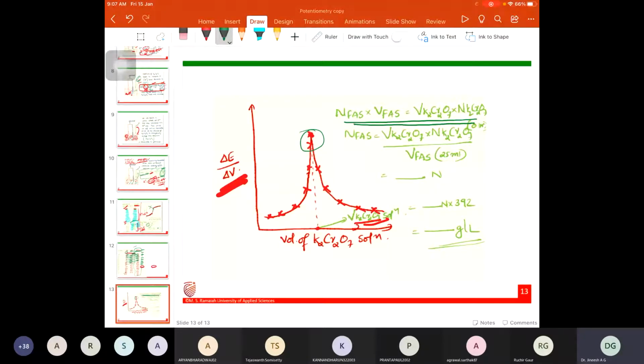Our job is to find the concentration of ferrous ammonium sulfate. Am I right? You can substitute in this equation the volume of potassium dichromate, that is this equivalence point. From the graph you will get it.